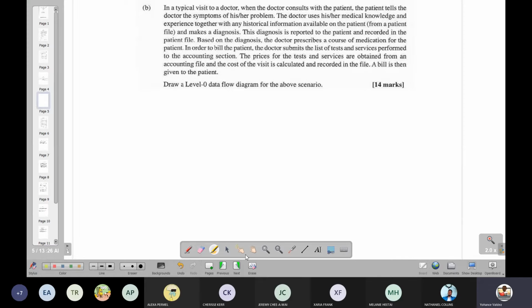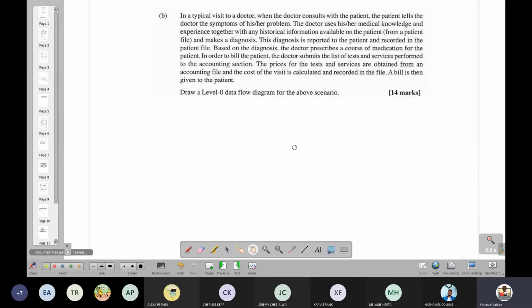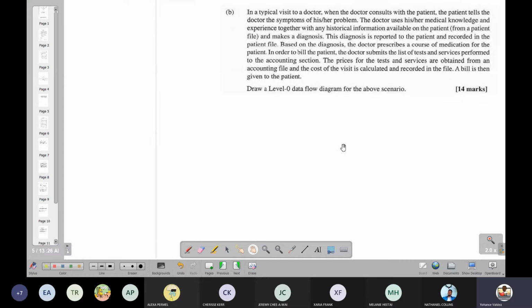So let's do a quick sketch of a context diagram now, just to get things going, in terms of being able to think of our solution. If we have the system here, what is the name of the system?